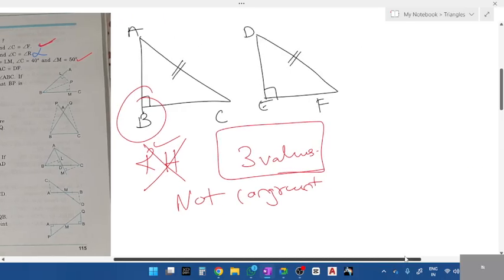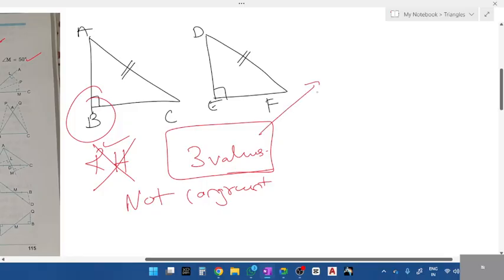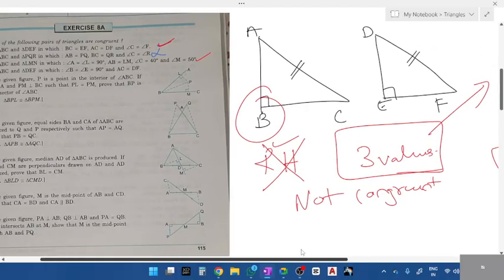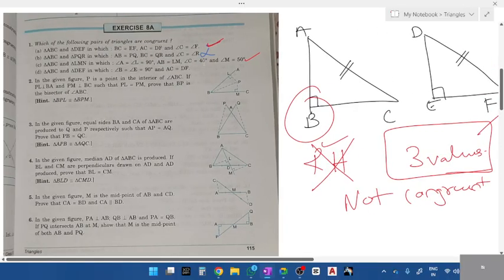If any two triangles are said to be congruent, either three sides should be given, side angle side, angle side, or RHS should be given. In this question, a right angle was given and the hypotenuse was mentioned, but the other side was not. Only two values were given, therefore it is not congruent.